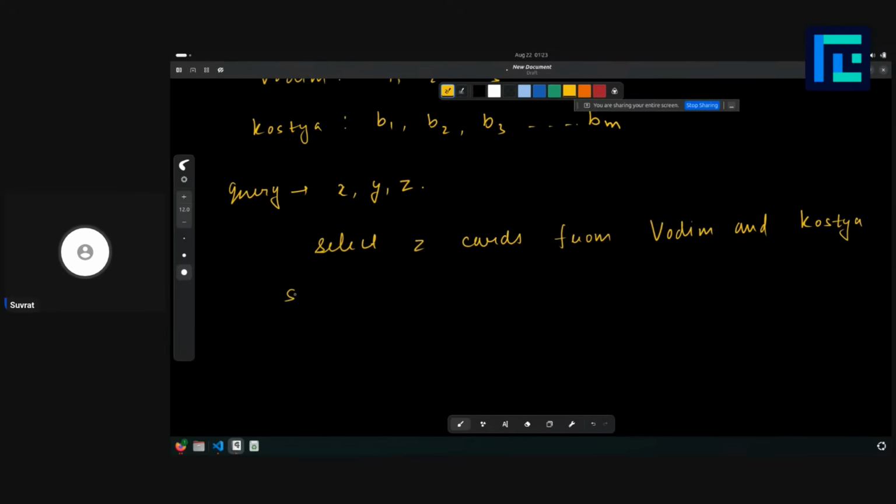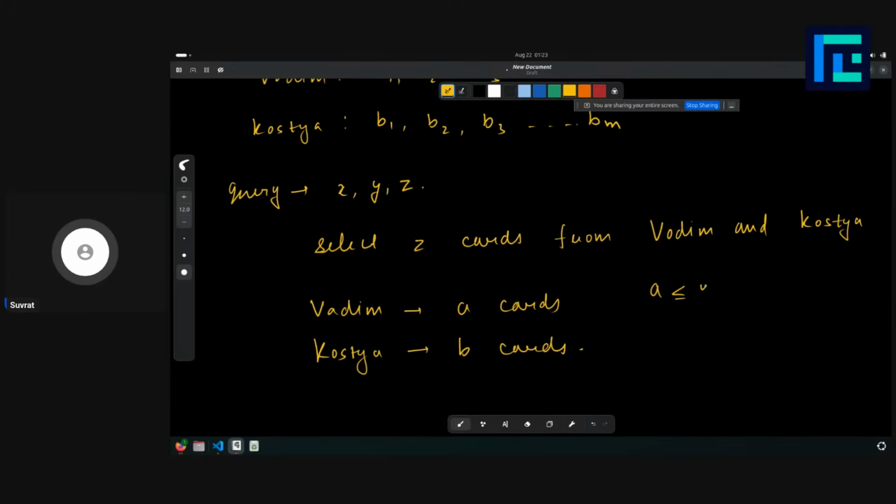Such that, let's just say that we select A cards from Vadim and B cards from Kostya. So we have these constraints.